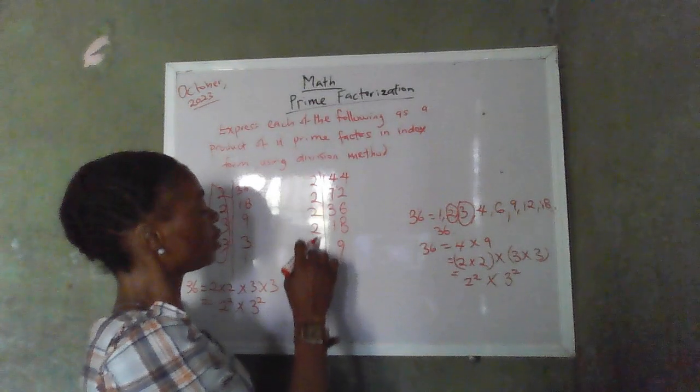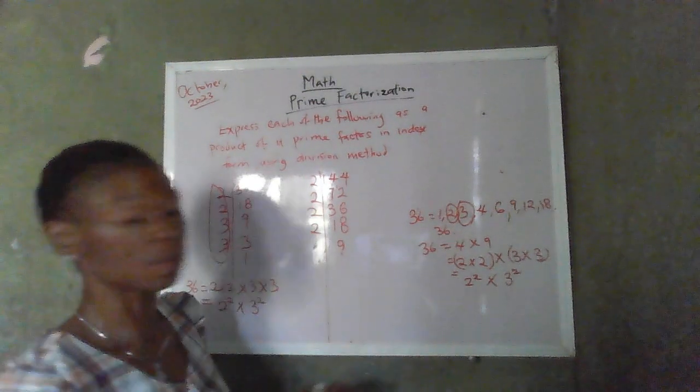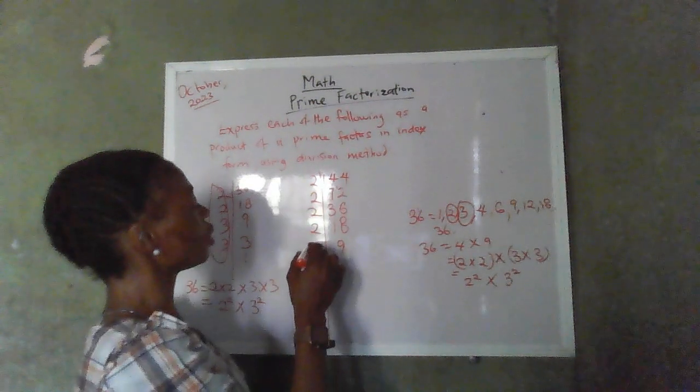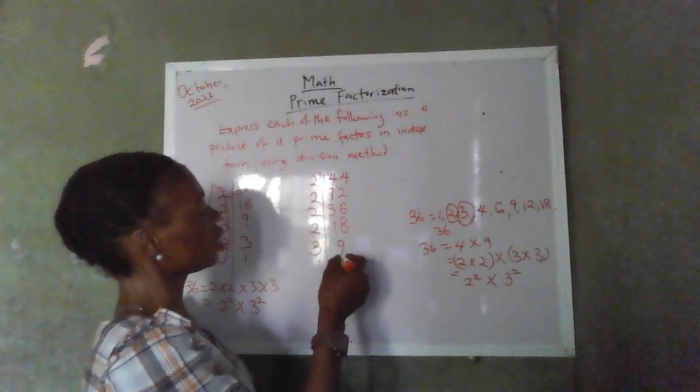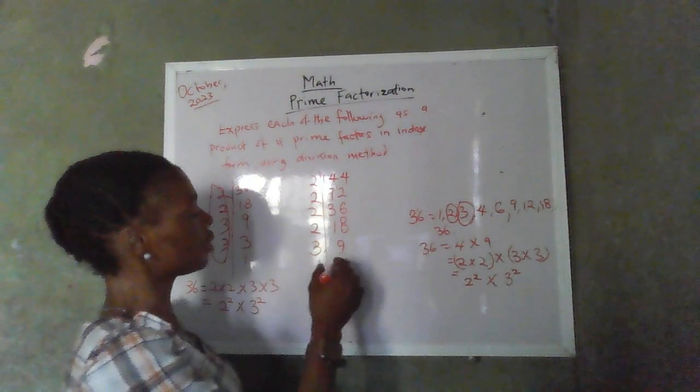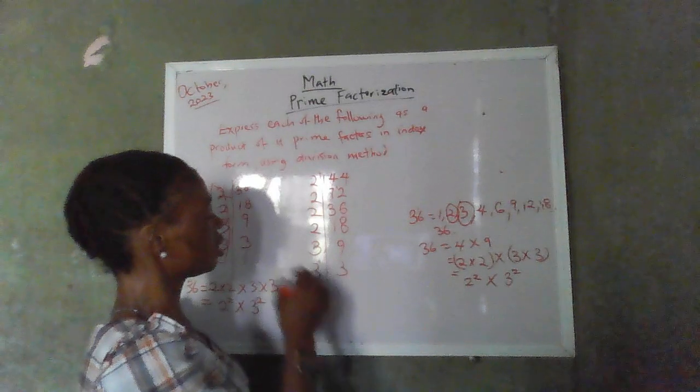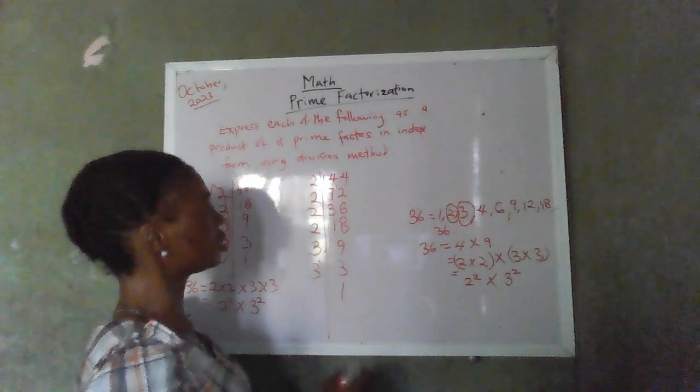So 9 divided by 2, there will be a remainder with no other digits to take it up. So we'll use 3, the next factor. 9 divided by 3, we have 3 times. Then 3 can be divided by 3 once.